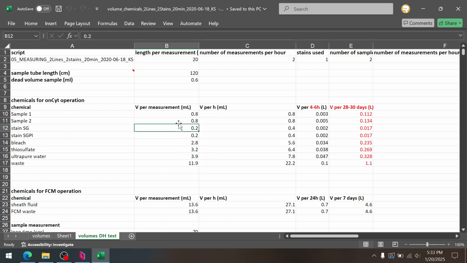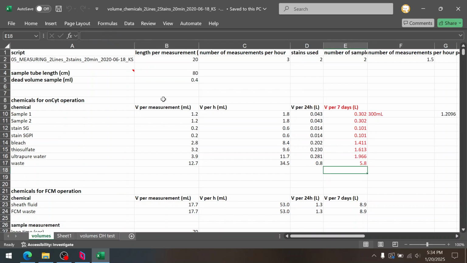You can see here, by clicking each cell you will see what they really mean. Length per measurement 20 minutes, sample tube for example 120. So they will calculate the dead volume, meaning the water always inside the tube, right? So if the sample tube is 80, then the dead volume will be 0.4 ml.